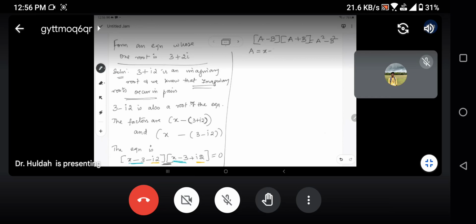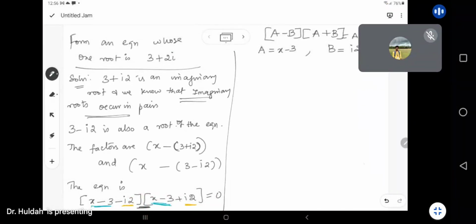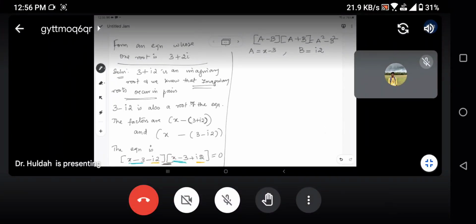Your A here is x minus 3, B here is 2i. You can either use this formula or you can use (A minus iB)(A plus iB) is A squared plus B squared. In that case, you will take B as only 2. So be careful with the application of the formula, children.